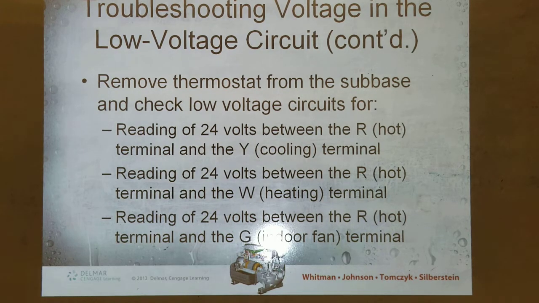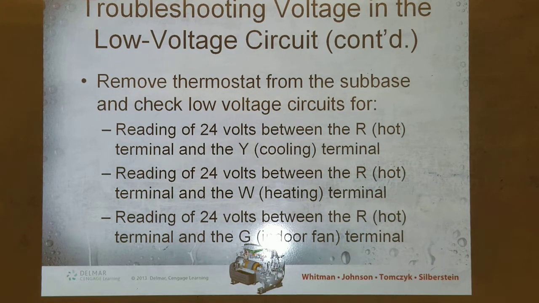Some of them are, but if the switches are on the subbase itself, then you can't really check, because it also has to go through the contacts in here. Once this is all put together, it makes connections between the subbase and the thermostat itself.